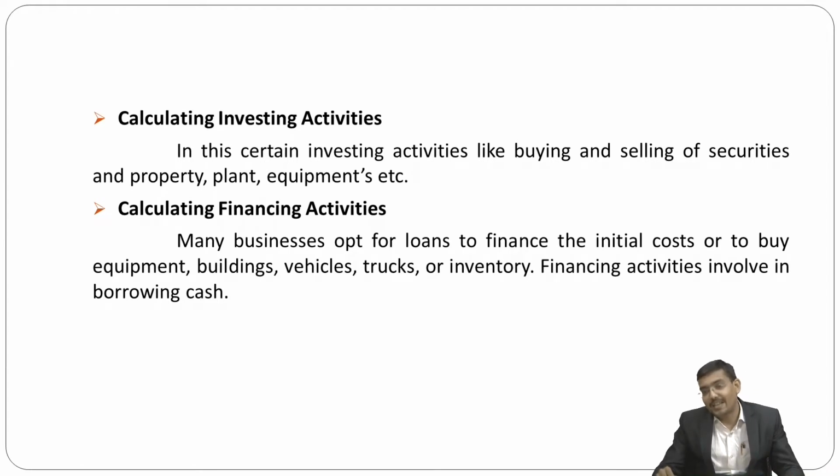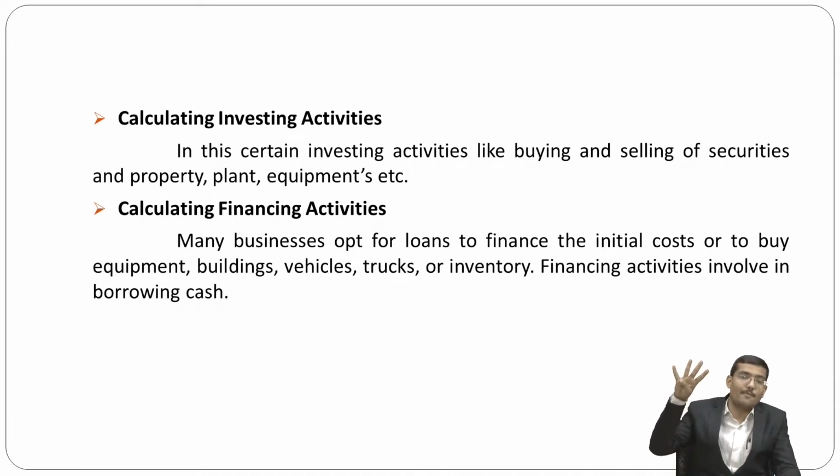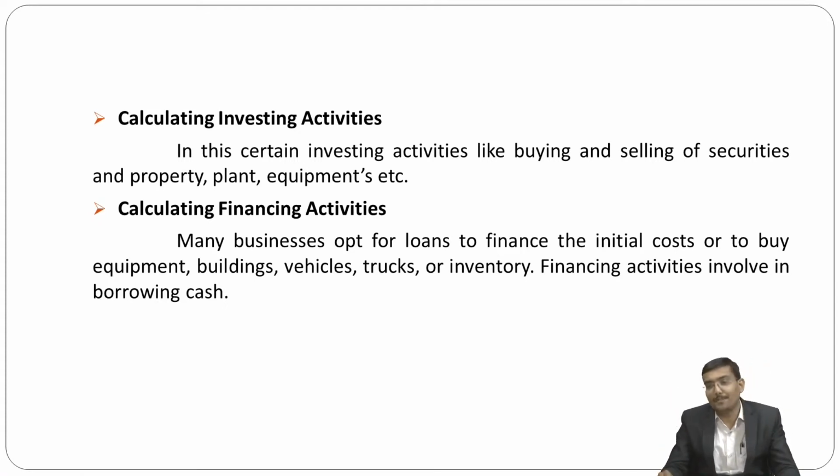So there are four aspects with respect to that: calculation of net cash balance, operating activities, investing activities, and financing activities. These four are the important calculations for defining or presenting the cash flow statement as per Indian Accounting Standard 7.